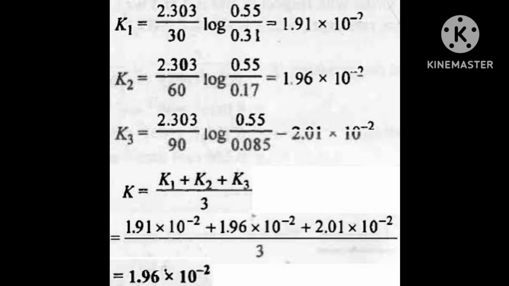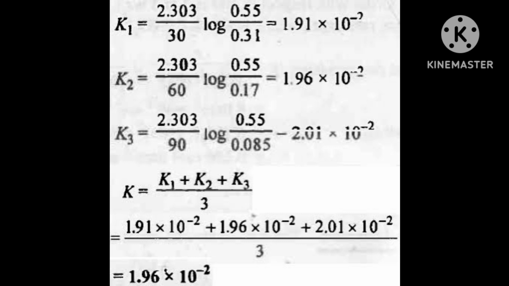Then K dash H2O is equal to 2.004 into 10 to the power minus 3 per minute. Then K dash into 55 mole per liter is equal to 2.004 into 10 to the power minus 3. Then K dash is equal to what? Just 2.004 divided by 55, into 10 to the power minus 3.